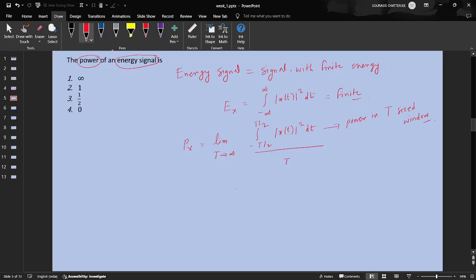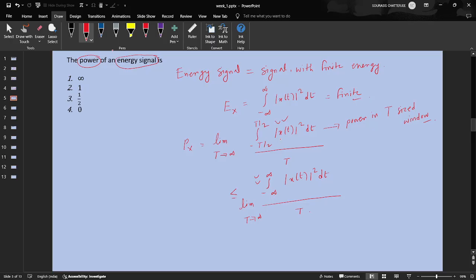So this should be less than the integral from minus infinity to infinity of absolute value of x(t) square dt over T, where limit T tends to 0. I hope I am able to make you understand why I use this inequality. This term is less than or equal to this term, and you can see this is the integral over a window of size T, minus T by 2 to T by 2, and here the integral over the entire range, that is minus infinity to infinity.